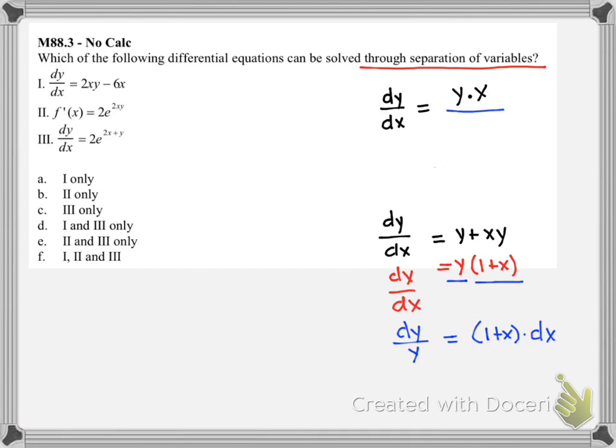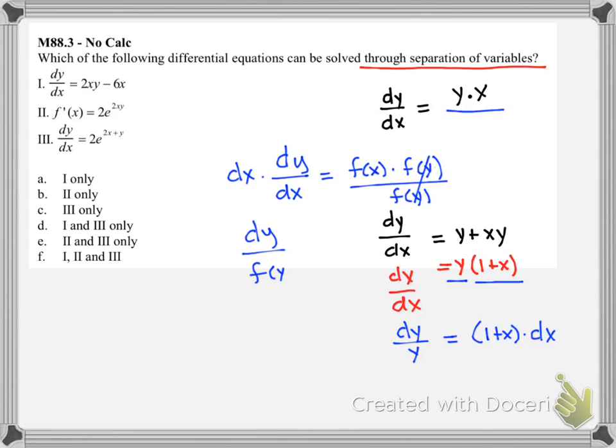So it appears as though anytime we can get something in the form of dy/dx equals some function of x times some function of y, then we'll be able to multiply by dx and divide by that function of y, and we'll be left with dy over a function of y equals a function of x dx.